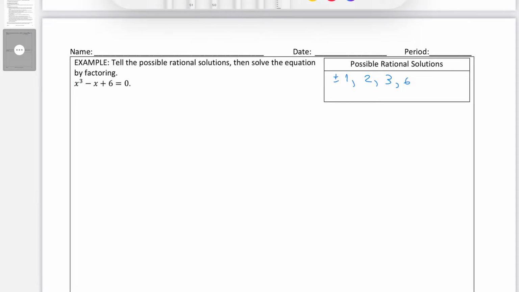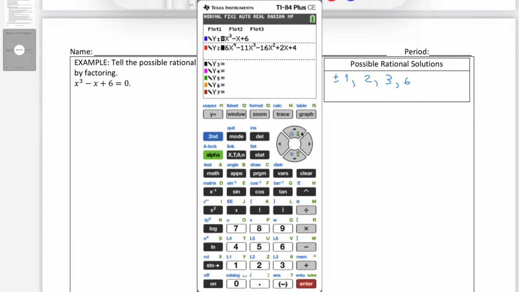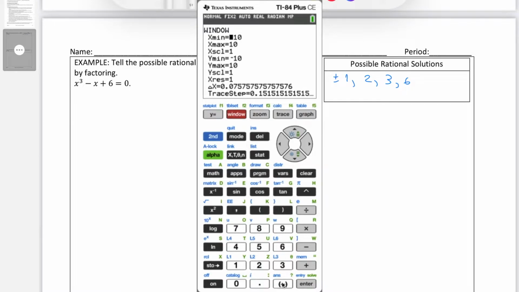Now, the next thing that I do is to type the equation into my y equal of a TI-84. And I've already done that for myself to save a little time. Now, the smallest possible roots that we could have would be positive or negative 6. In my window, I'm going to set my minimum one left of negative 6, negative 7, one right of positive 6, positive 7.